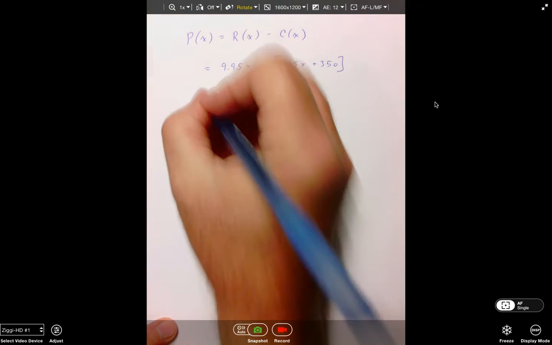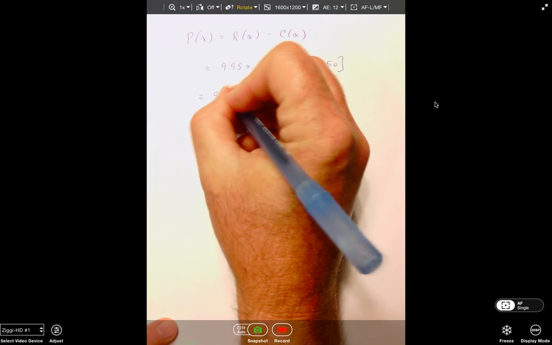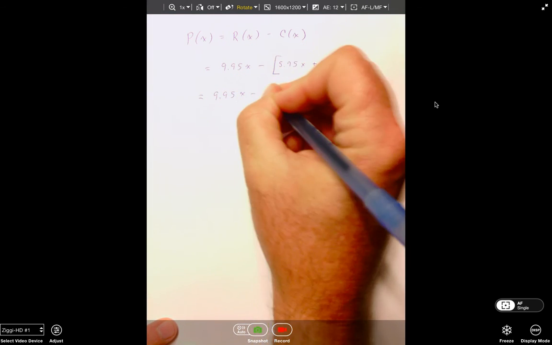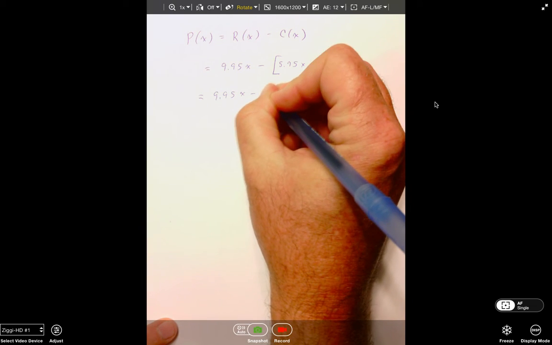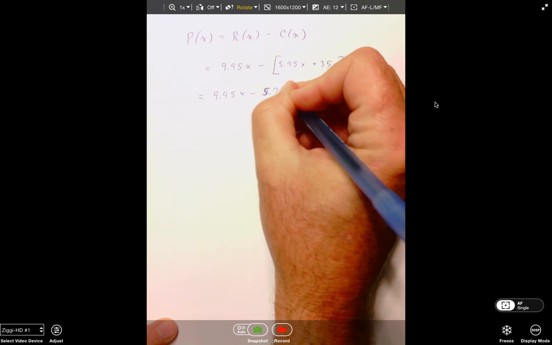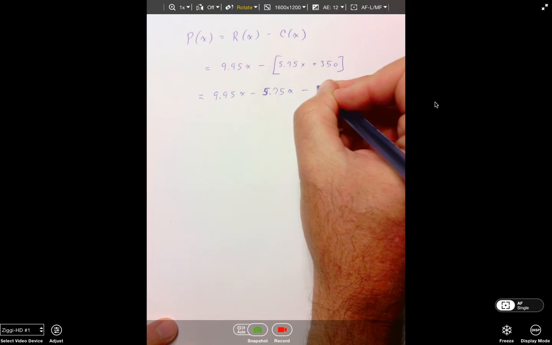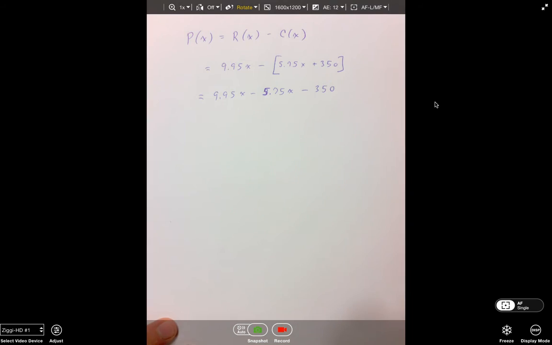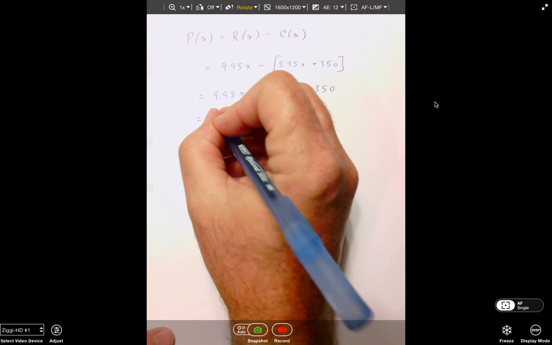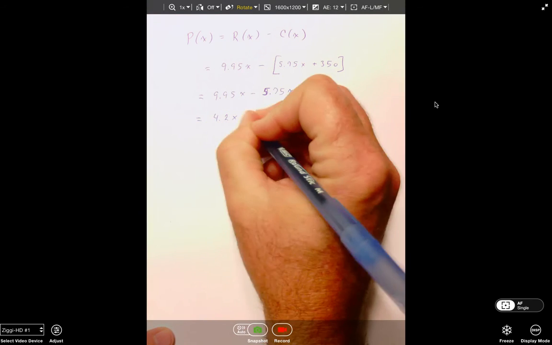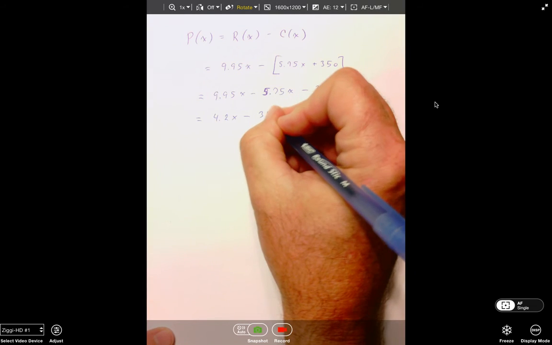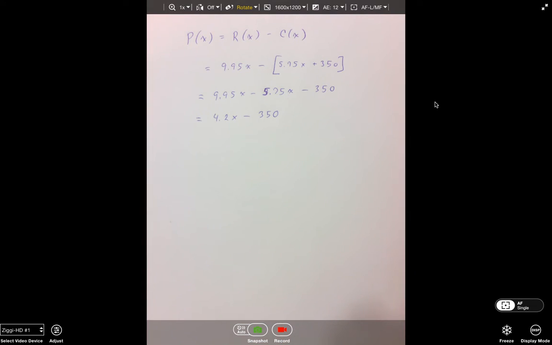Okay, so we're going to distribute the negative through, and if my mental arithmetic is correct, it should be 4.2x.